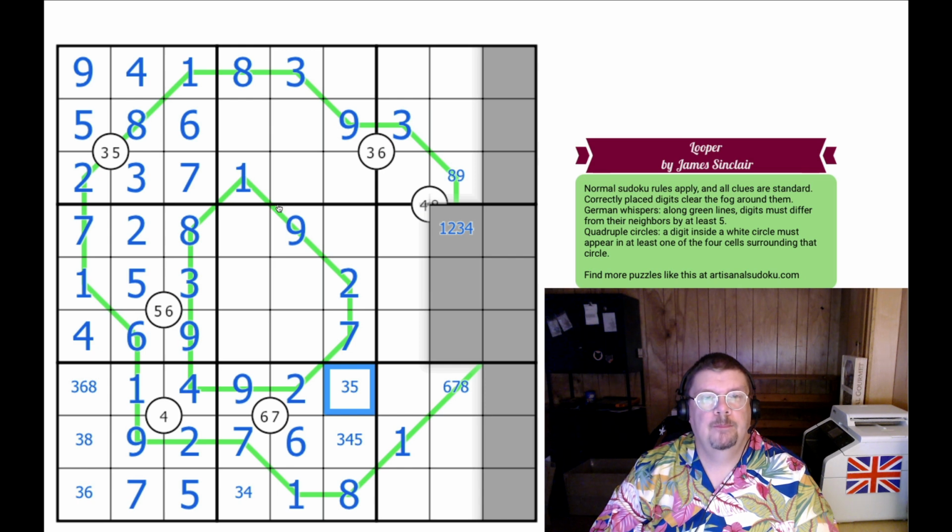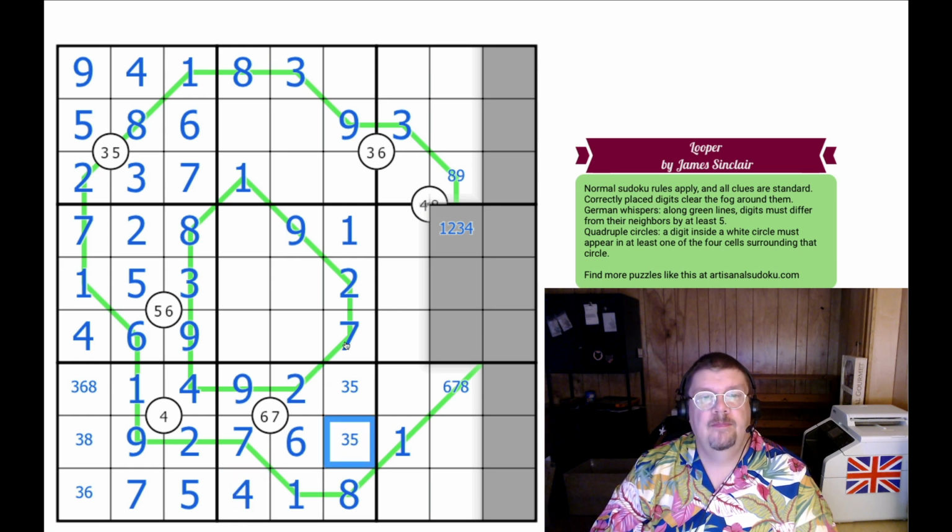The only place for a 1 in this column is here. 3 in this column must go into one of those two, which makes that a 4.